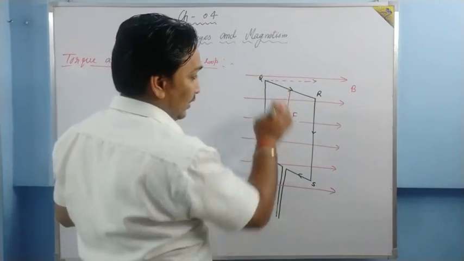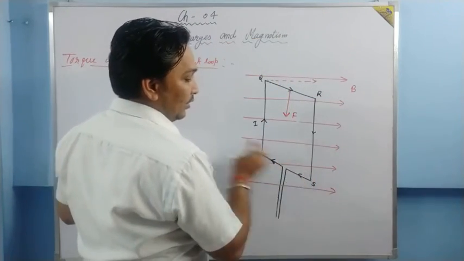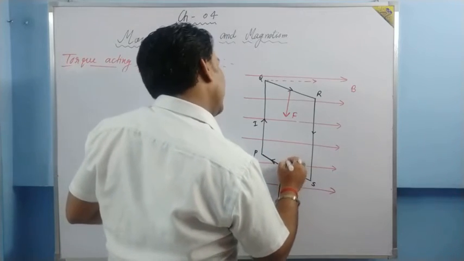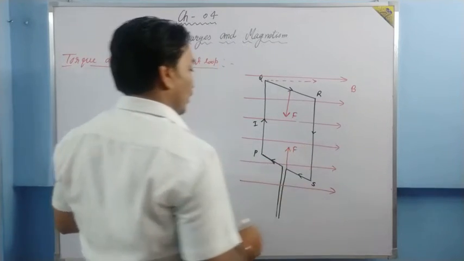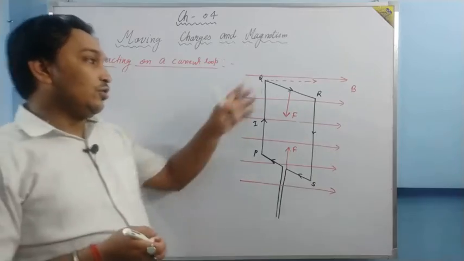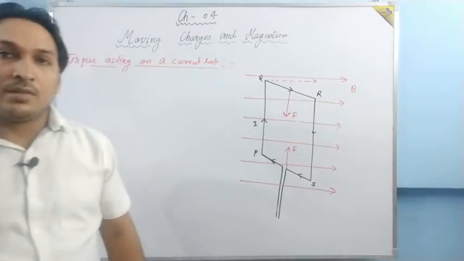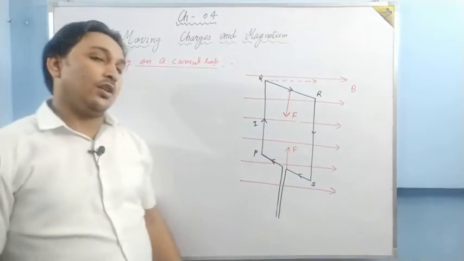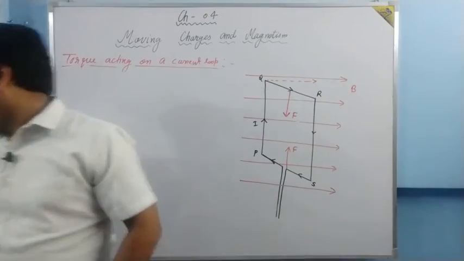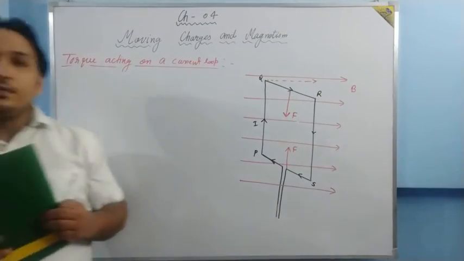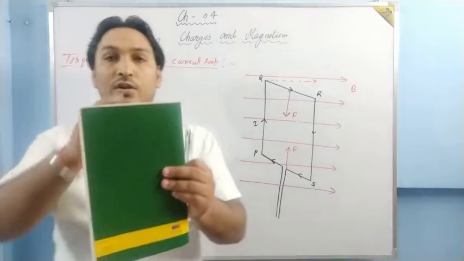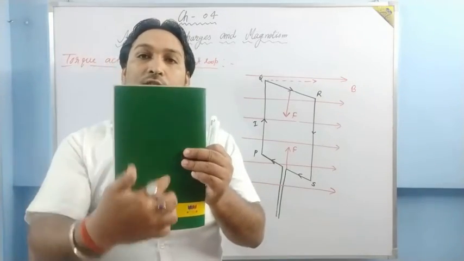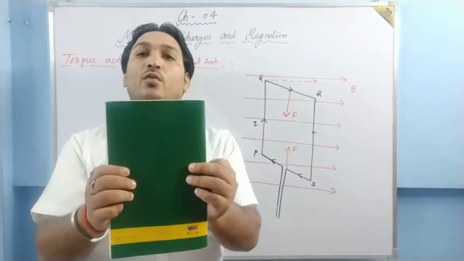And since in this side and this side current is just opposite, the force on these sides will be perpendicular upward. So basically these two forces will cancel each other. They will not result in any kind of motion. Why is it so? Just imagine. Suppose at this side the force is downward, this side the force is upward. Where will the coil go?